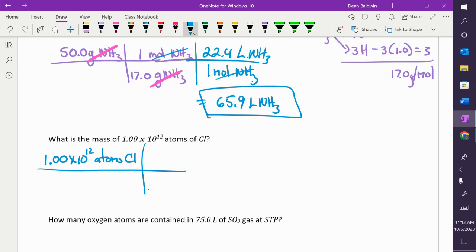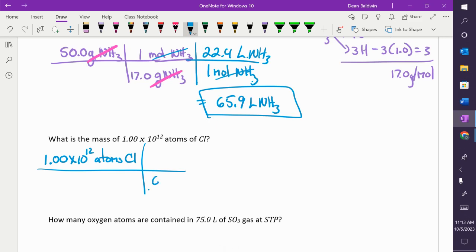Which of our units has atoms or particles? Atoms are the same as particles. What are the only ones with particles? Yeah. It's Avogadro's number, right? Particles are the same as atoms. So I want atoms in the bottom there.